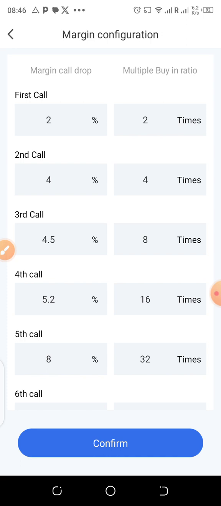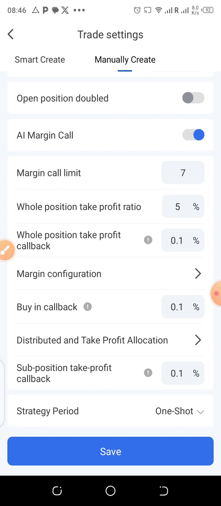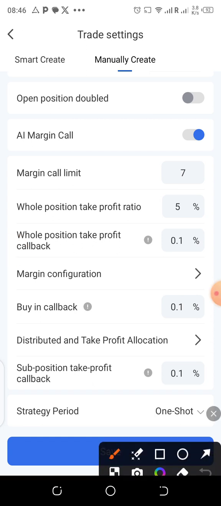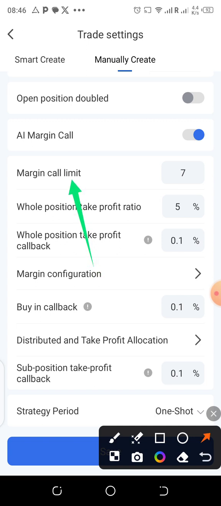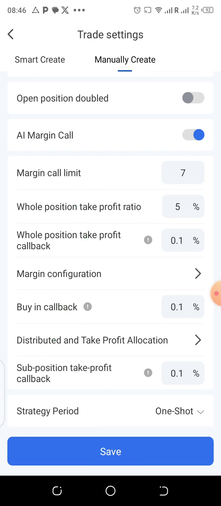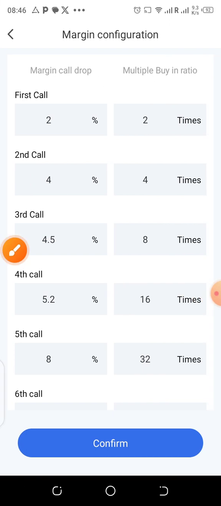If you still remember the margin call limit, which was 7, this is what is happening in the margin configuration.